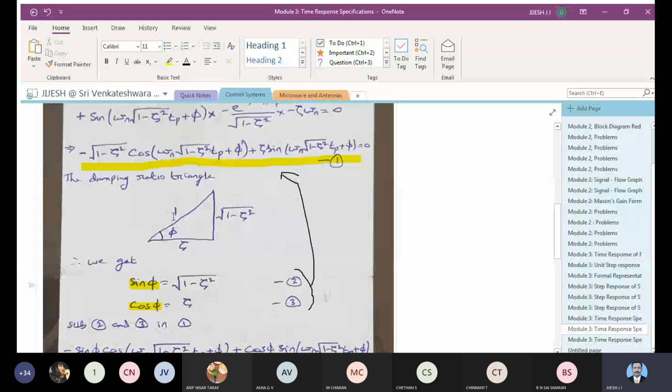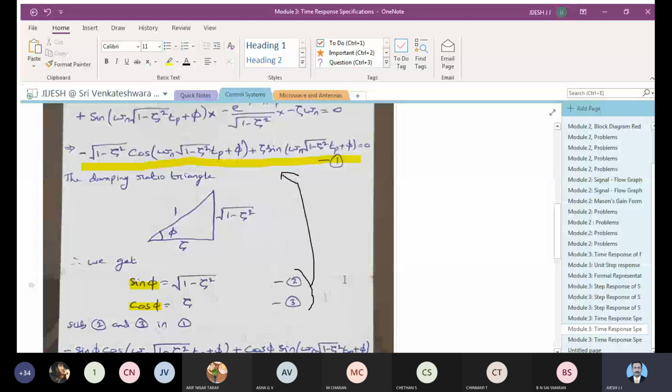From this you can write the equation for sine phi: sine phi can be written as root of 1 minus zeta square, and cos phi can be written as zeta. We have completed all these things till here.